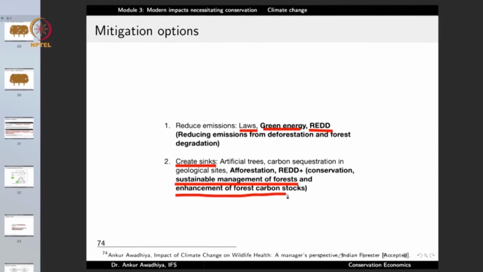Or we can look at opportunities where we can enhance the forest carbon stocks, which means that if you already have a forest, is there a way to increase the density of plants so that you can have more carbon that gets sequestered? Is there a possibility that apart from having trees, you can also have certain undergrowth or say certain climbers?